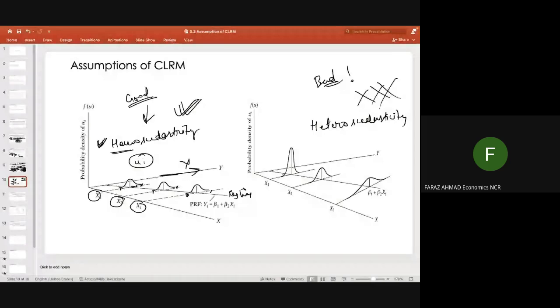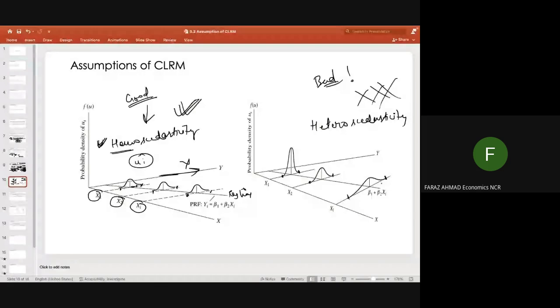Now here, you can see that this is a small range or a small variance. It's a bit bigger than that, and it is biggest here, a long distance. So a lot of big errors are also present here, apart from small errors.